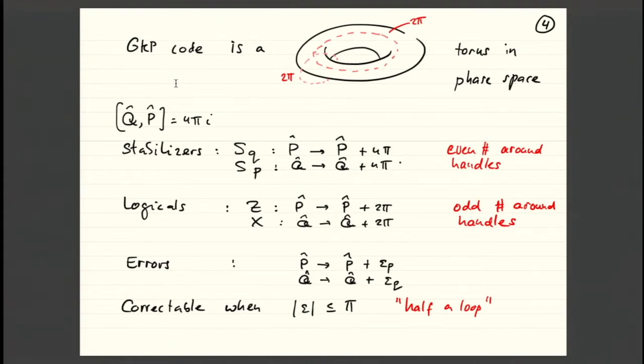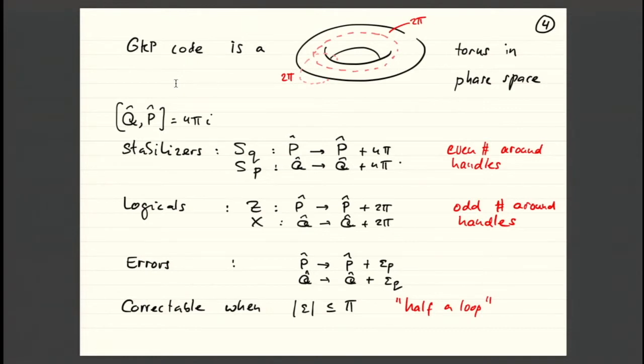It's shifts in P and Q. Say I have an eigenstate of P, I can shift it to an eigenstate of P plus epsilon, and similarly in Q. And so that's a complete basis of errors. They're not very physical, because typically with an oscillator you'd have photon loss. You have to express it in those errors, but we won't go into that. But these types of errors give shifts in P and Q.